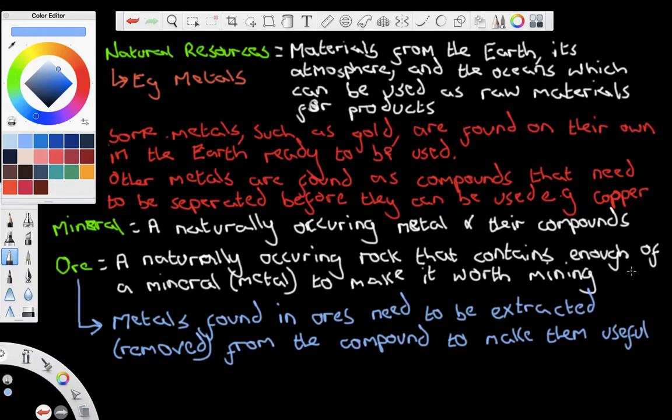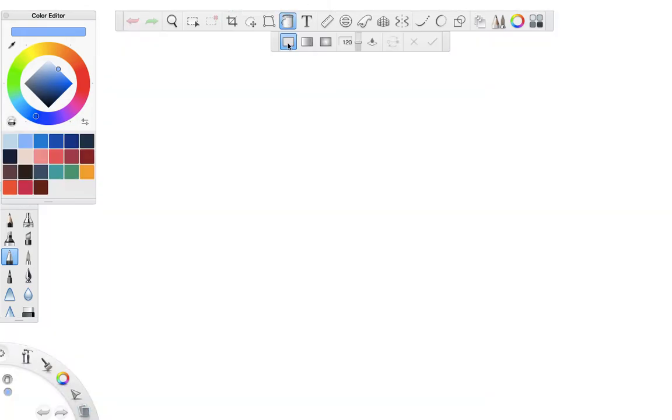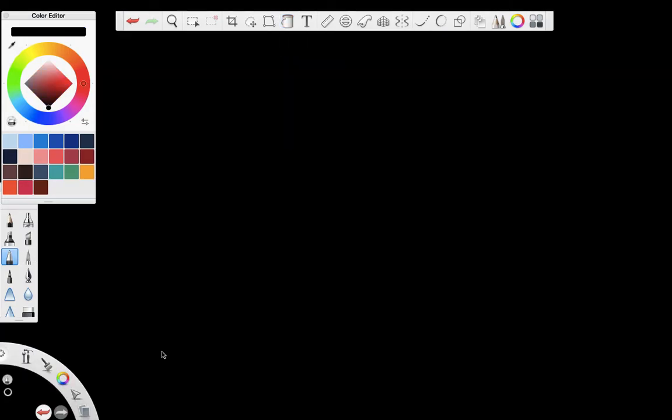Okay? So, if we refresh our screen, we can write ourselves an example of this and we can talk about how it's done. So the example we're going to use is iron, okay?